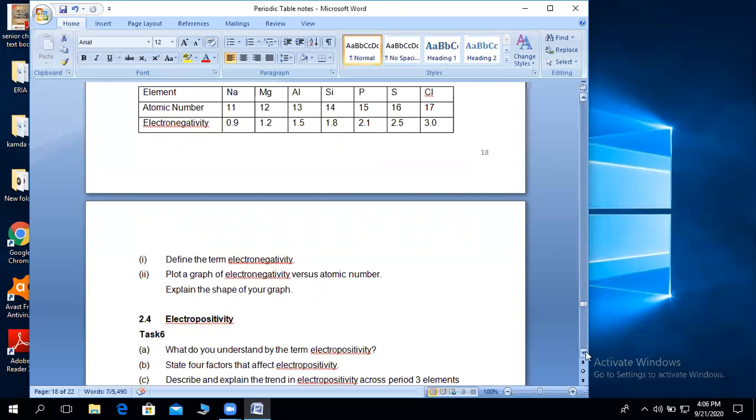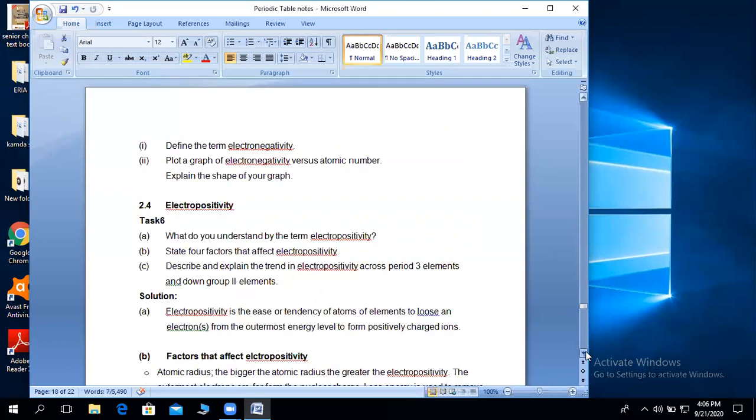Electropositivity. What do you understand by the term electropositivity? Electropositivity is the opposite of electronegativity, whereas electronegativity is the ability of the atom to attract electrons towards itself.